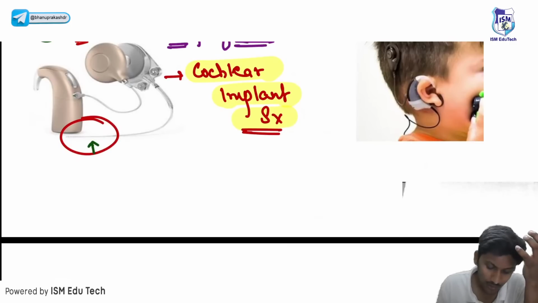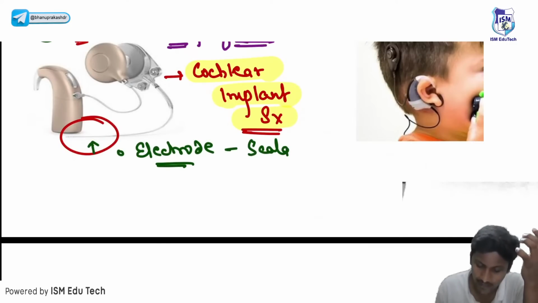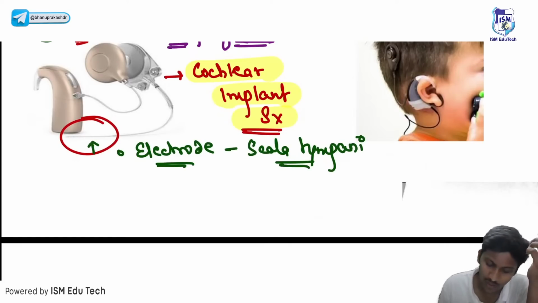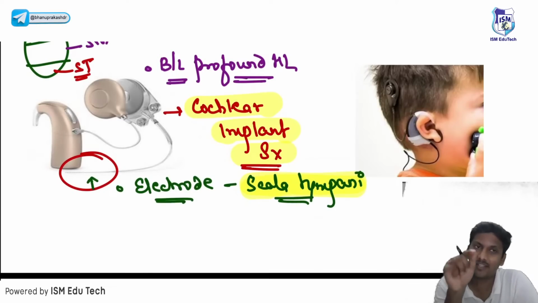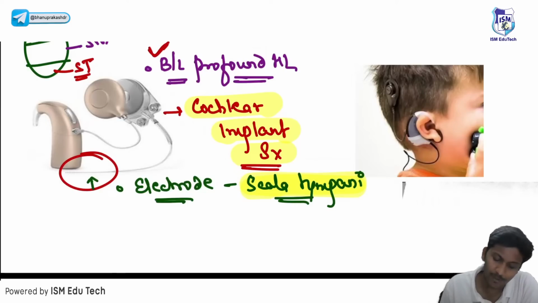Please remember. That was a previous year question: where is the electrode of a cochlear implant placed? The electrode is placed within the scala tympani, and it will stimulate the cochlea directly, and therefore the patient can hear better. Okay? So it is only done in cases of bilateral profound hearing loss.